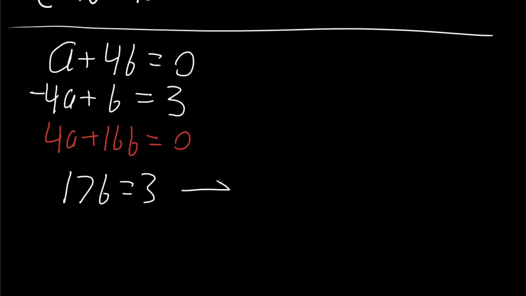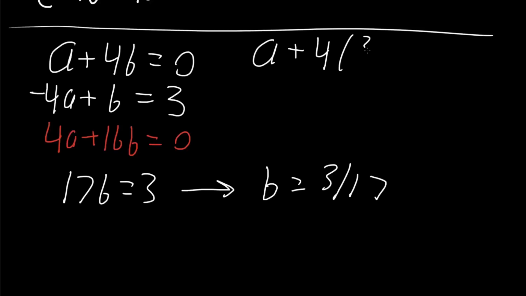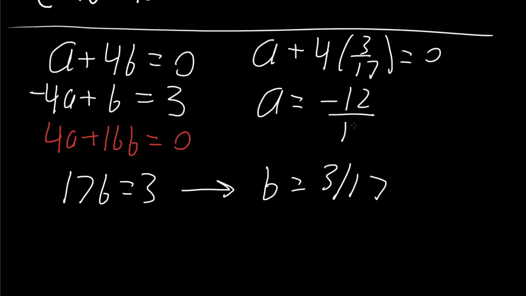So b is equal to 3 over 17. Now we plug b equals 3 over 17 in here. So a plus 4 times 3 over 17 is equal to 0. And so a is going to equal negative 12 over 17.